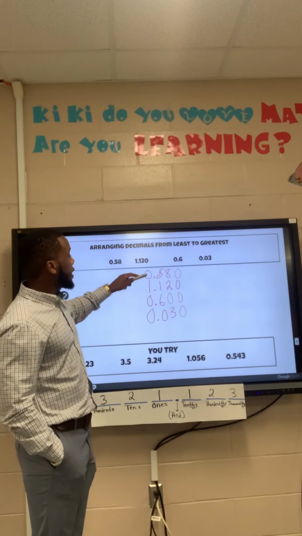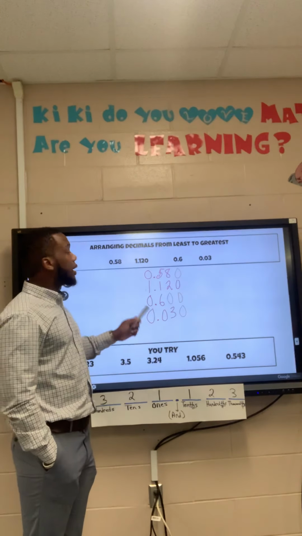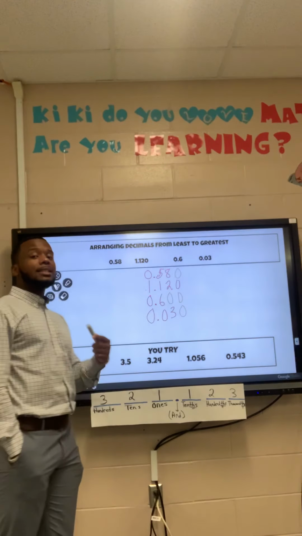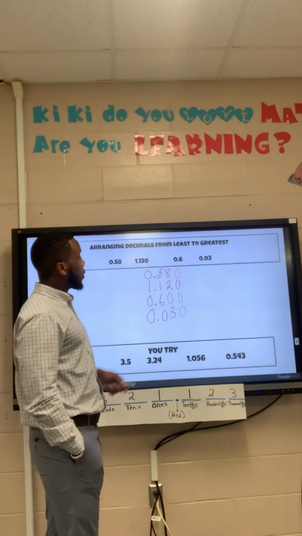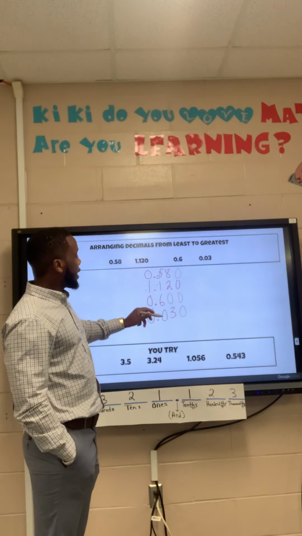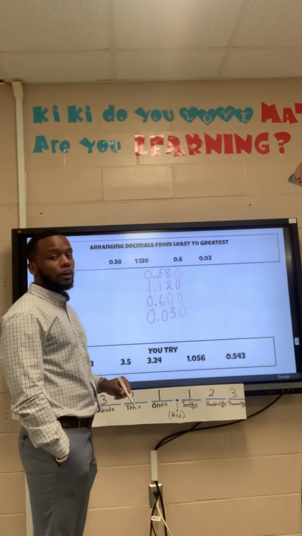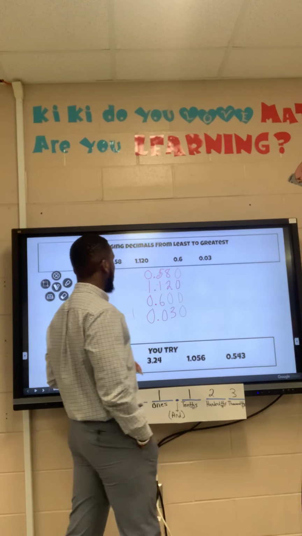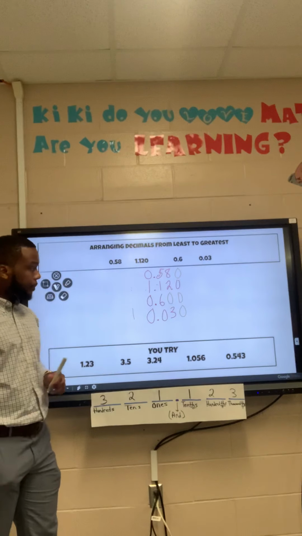Now, since all of these have a 0 in the ones spot, the next place is to the right of the decimal in the tenths spot. So the first number has a 5, the second has a 1, and this one has a 0. I know that 0 is smaller than a 1 and a 5. Therefore, this will be the smallest, and I'll put a 1 beside it.